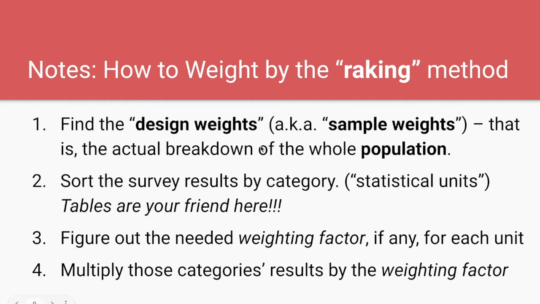Then we're going to use the design weights to figure out the weighting factor. We do that by taking the design weight and multiplying it by the size of the sample to get the desired number, the number of people from that category. For example, the number of women that we wanted in our sample to be representative.